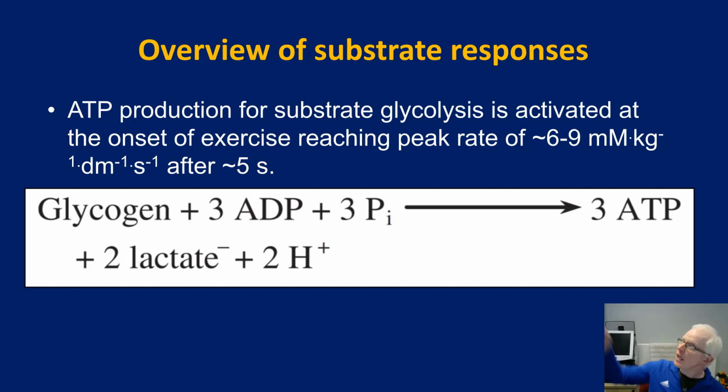The reason for that is it costs us 2 ATP. So we actually use ATP in the process of yielding ATP from glycolysis. If we start with glycogen, it only costs us 1 ATP, so the net gain is 3 ATP. It's an interesting process that we use ATP to form ATP, but we end up with the production of lactate and hydrogen ions.